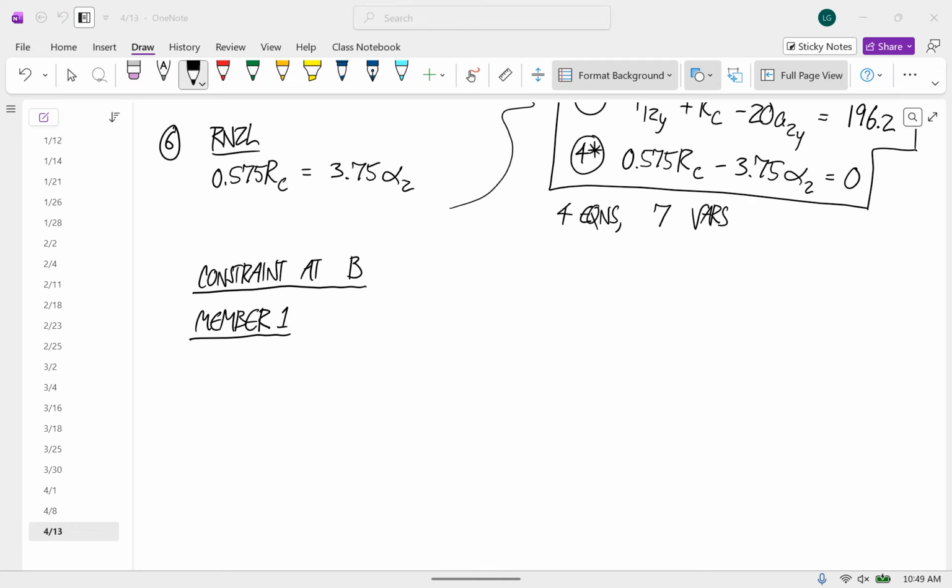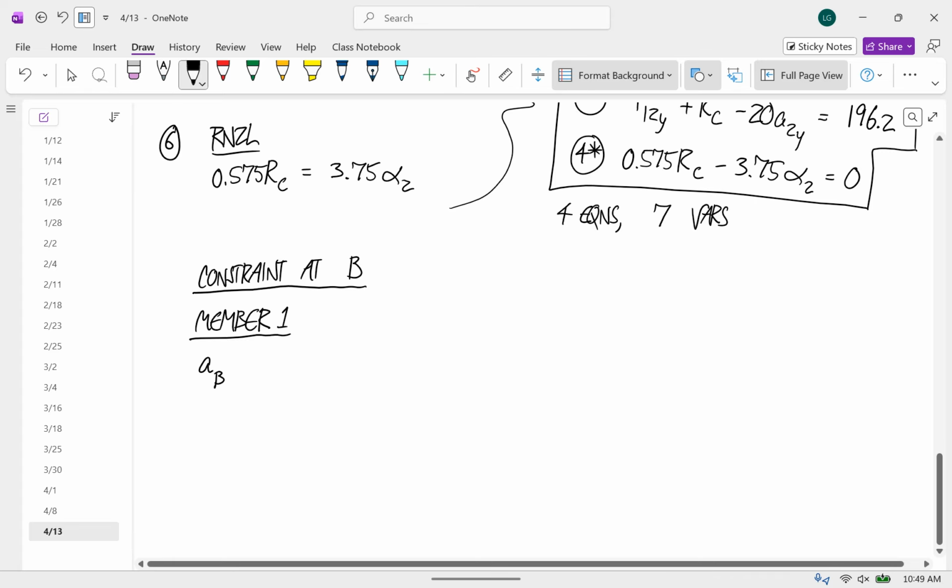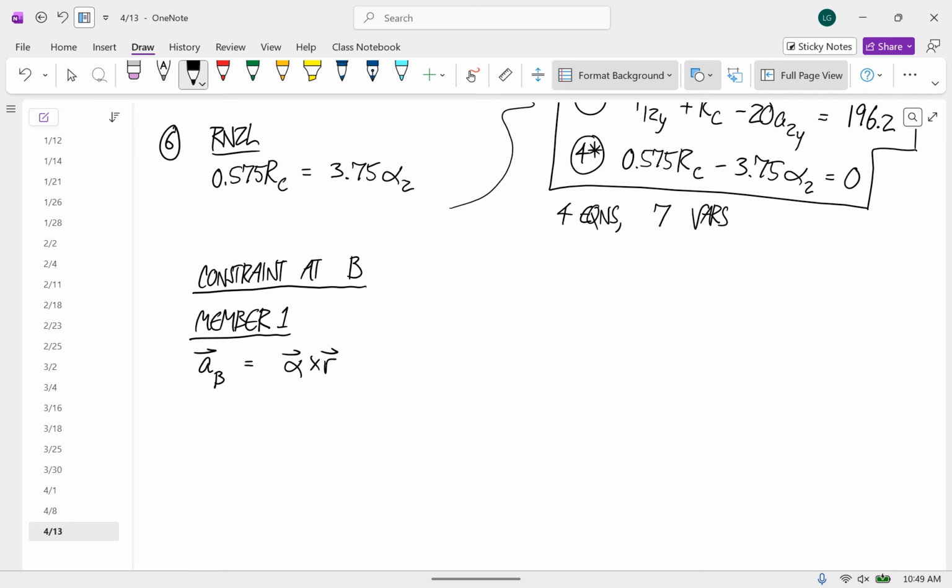Okay, so body 1 has a fixed point. And so this is just a circular motion around a fixed center, that fixed center being the point A. And so we don't need relative motion here. We just need the watermelon equation. So the acceleration at B is equal to alpha cross r, minus omega squared r. And our alpha vector is 0, 0, alpha 1 because we're doing body 1.